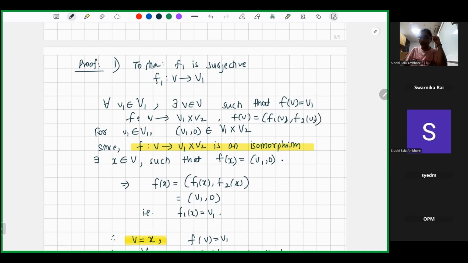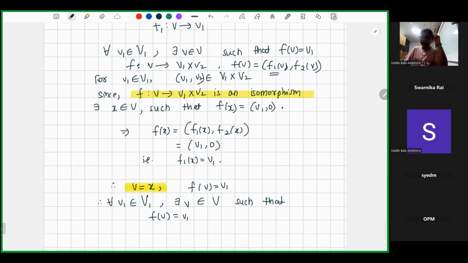So if I want to make use of F1 here, you can also take any v2 here. It does not matter. You do not need to take 0 always. Anyway, we are coming to F1 of x equal to v1, and I only need to check that here.